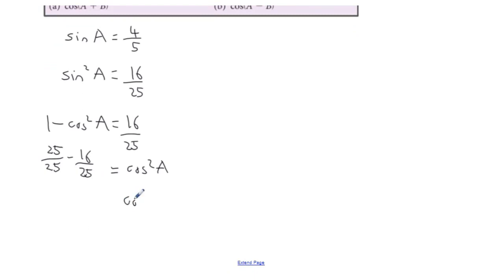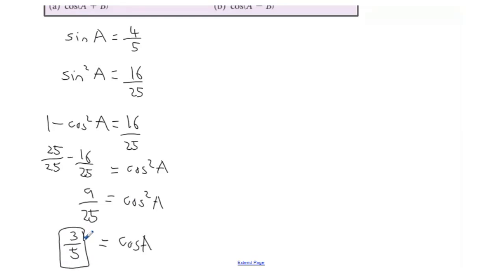Cos squared A equals 9/25, and cos A is the square root of that, and we were told everything's in the first quadrant, so we know it's positive, so it's just 3/5. So we're going to use that later.